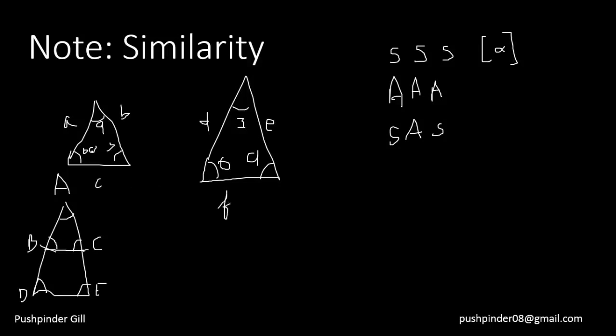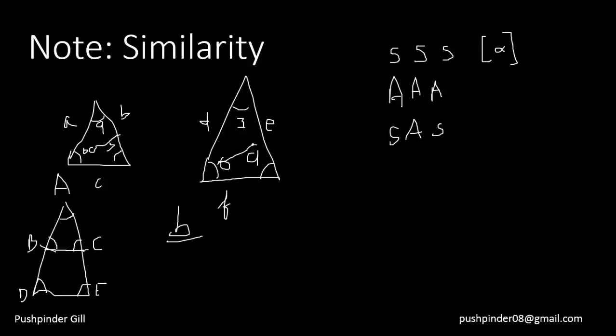Now I know that these two triangles are similar. How do I know that? Because all the three angles are same. Now I can just randomly say, which sides would be similar? It's the sides opposite to the same angles. What is opposite to 60 here? B. And what is opposite to 60 here?